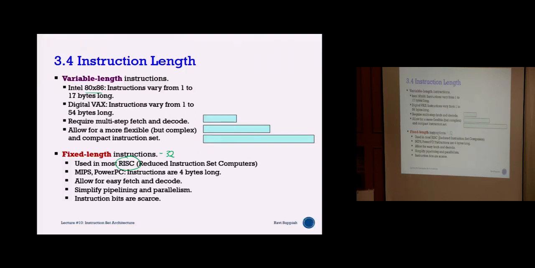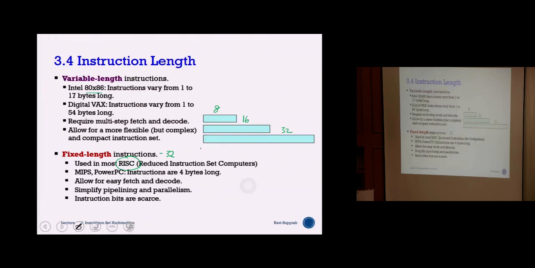That means your processor must know how to fetch and how much to fetch, correct? So for example, if I say the lengths are 8, 16, and 32 bits, and I have a variable length processor, when I go out to the instruction memory and fetch the instruction, how many bits do I fetch? Do I fetch 8-bit, 16-bit, or 32-bit? So you need to do a lot of playing around.